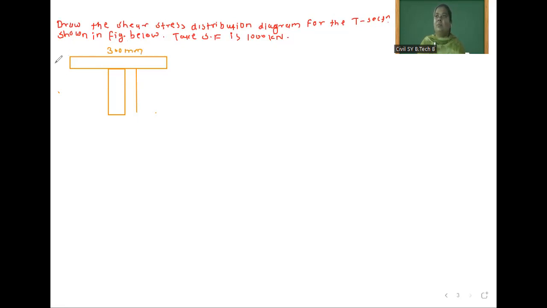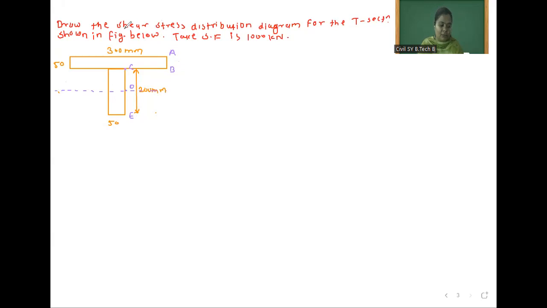Depth of flange is 50 mm. After that, width of web is 50 mm and the depth of this web is 200 mm. We'll mark points here. Suppose this is A, B. After that, this is C. Wherever the neutral axis will come, this is D, and last one is E.